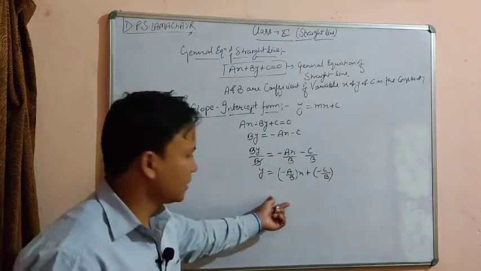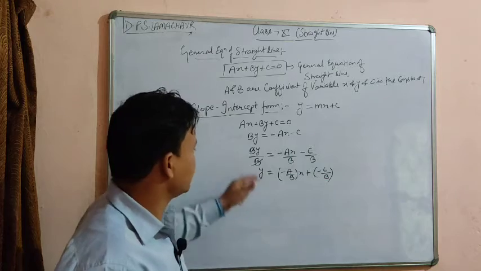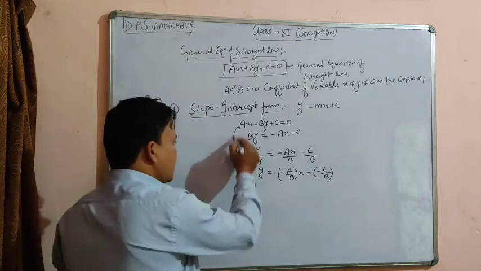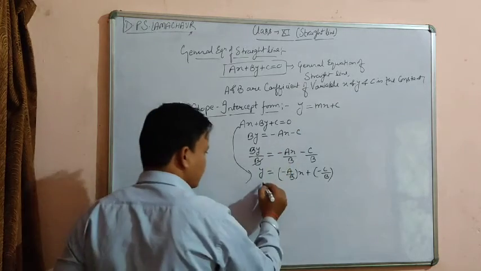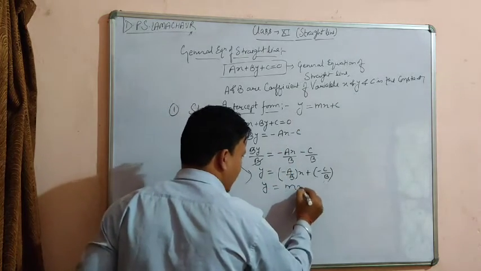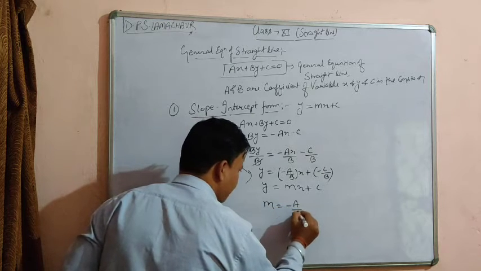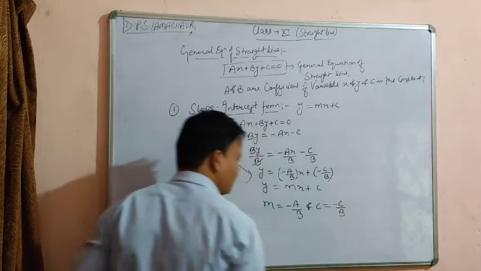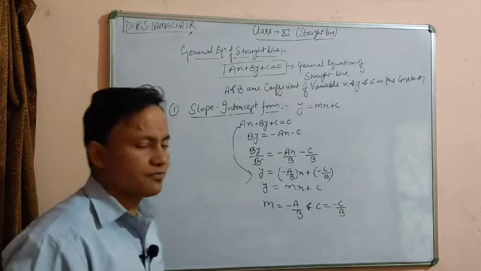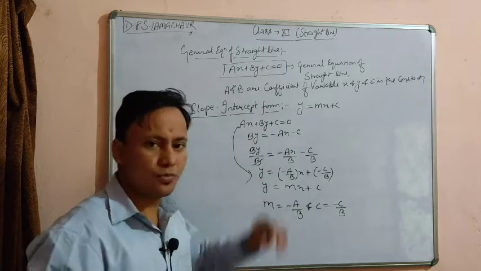This is the slope intercept form of the line. On comparing with y is equal to mx plus c, the slope of the line will be minus a upon b and the constant will be minus c upon b. So this is all about how we reduce the general equation into slope intercept form.